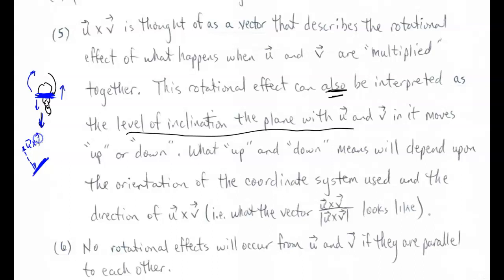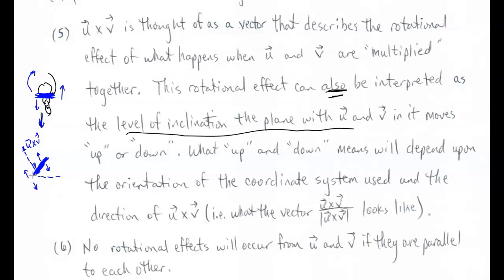So here when we talk about inclination, if we turn one way, it's going to go up. If we turn another way, it's going to go down. So when we say inclination, we don't mean how much it's inclined from, let's say, a horizontal like this. What we really mean is how much this plane, no matter how it's situated, is going to either go up or go down as we make those two vectors act on each other.